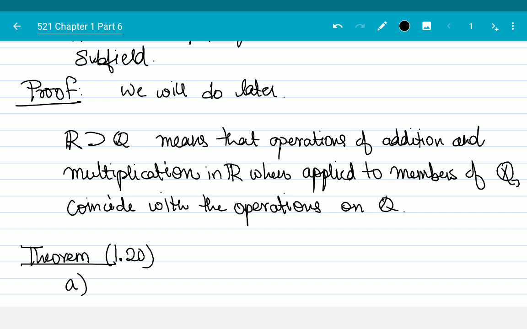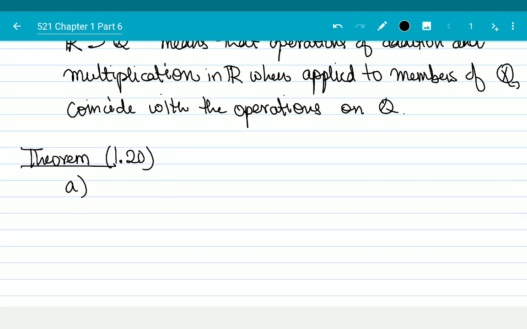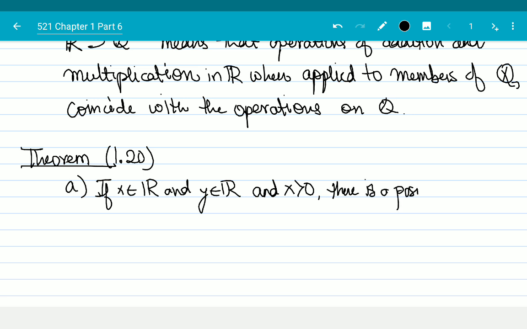A: If x is in R and y is in R, and x greater than 0, then there is a positive integer n such that nx is greater than y, and this is called the Archimedean property.